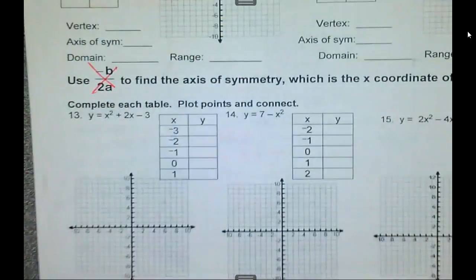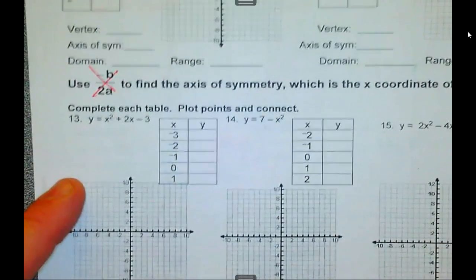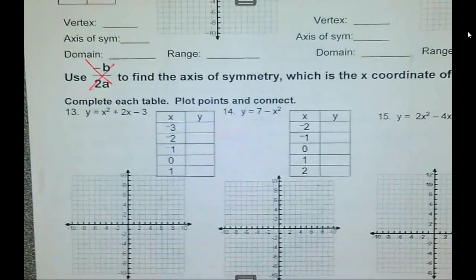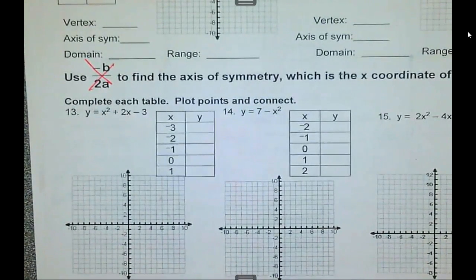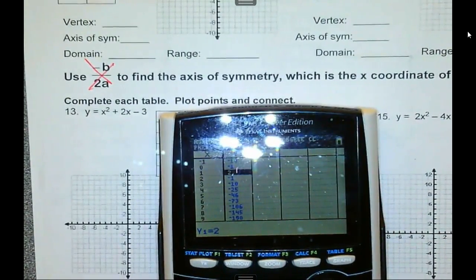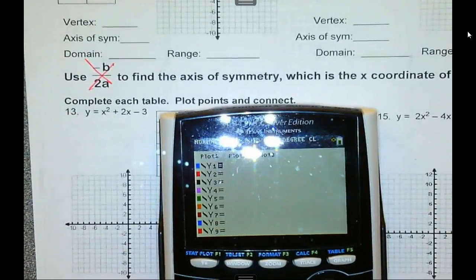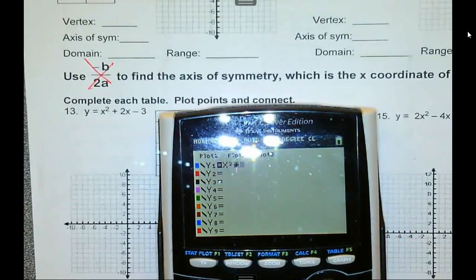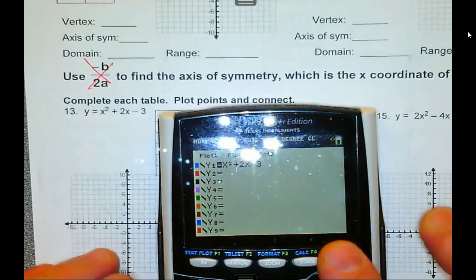So we're just going to use our graphs on the calculator. Let's try number 13. So I have x squared plus 2x minus 3. Graph it.